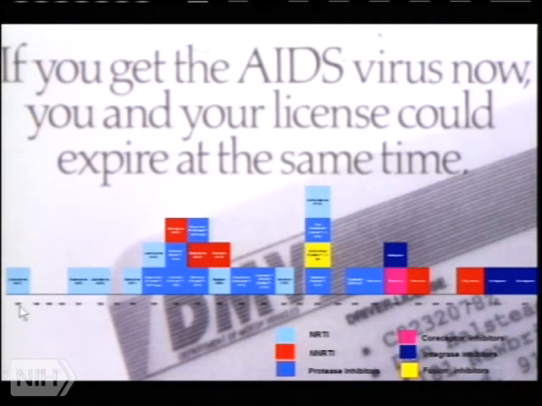So over the course of now from 1987 all the way up to 2015, these are all the drugs that we have for HIV, color-coded according to their mechanism of action: reverse transcriptase inhibitors, protease inhibitors, co-receptor inhibitors, integrase, and fusion.